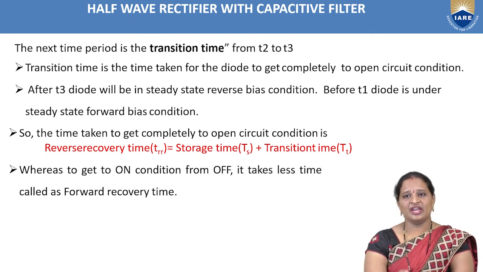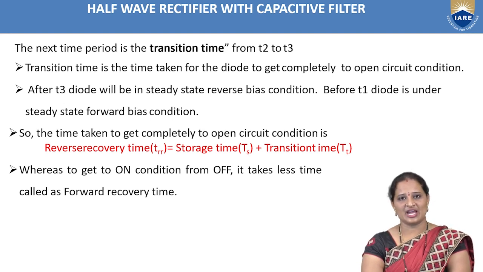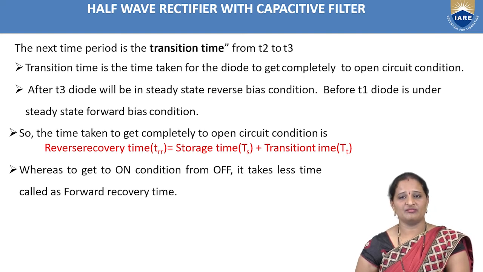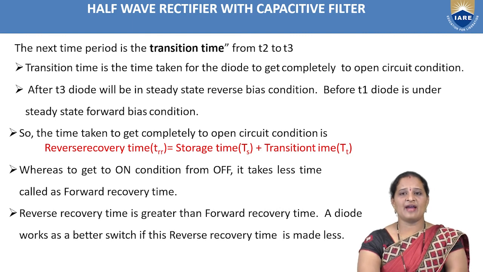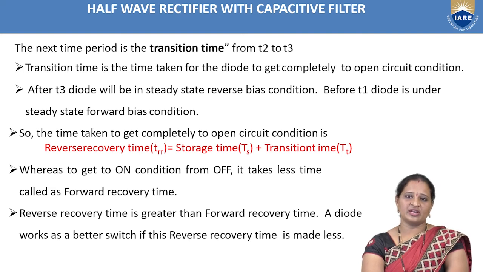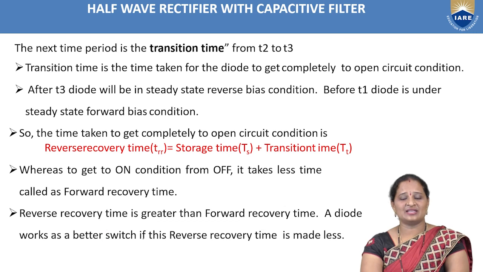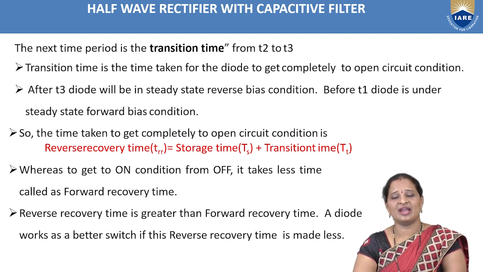Whereas in reverse, that is to get to the on condition from the off condition, it takes less time, which is called the forward recovery time. So we have to identify that the reverse recovery time is much greater than the forward recovery time, and a diode works as a better switch if this reverse recovery time is made less.